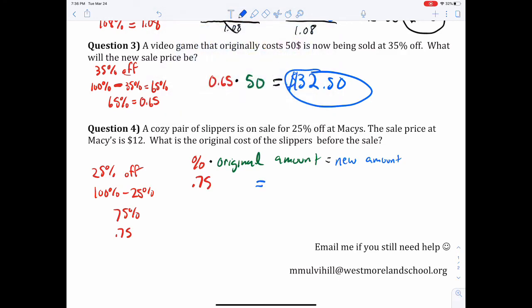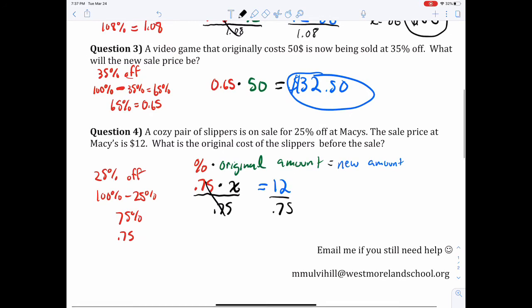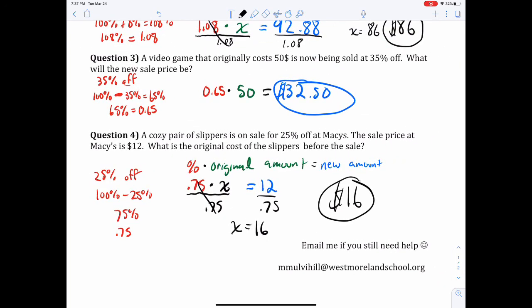We only know what the new amount is. The new amount is $12. So we'll call the original amount x because we're not sure what it is. Then we'll divide by 0.75 to both sides. X equals 16. So before they were on sale for 25% off, they cost $16 at Macy's. Those nice cozy pair of slippers.